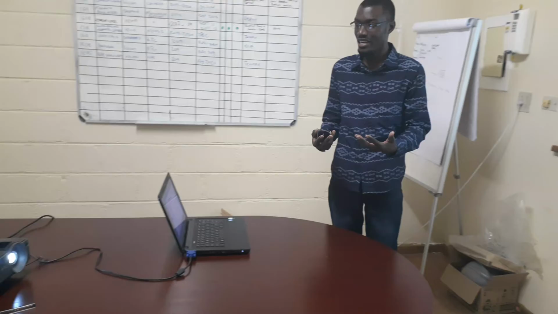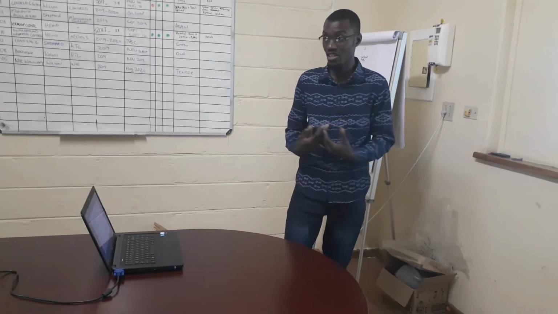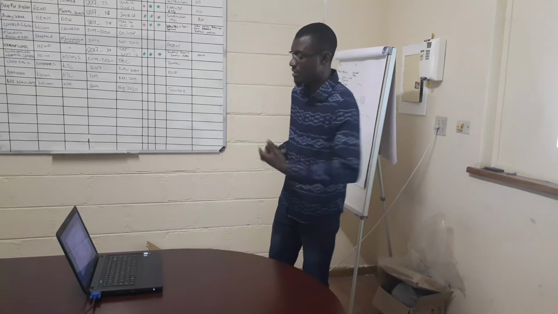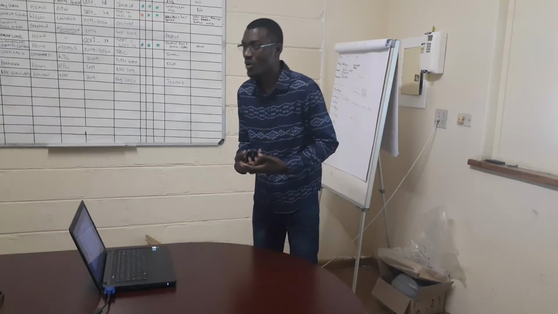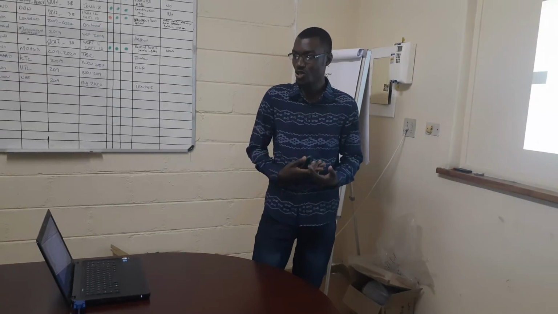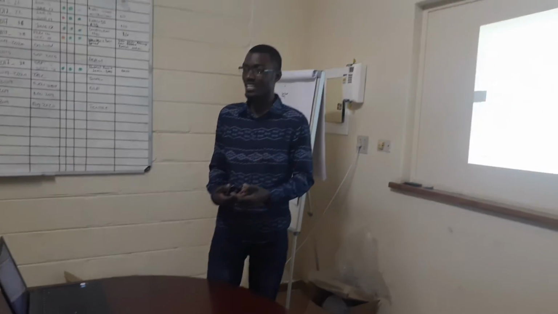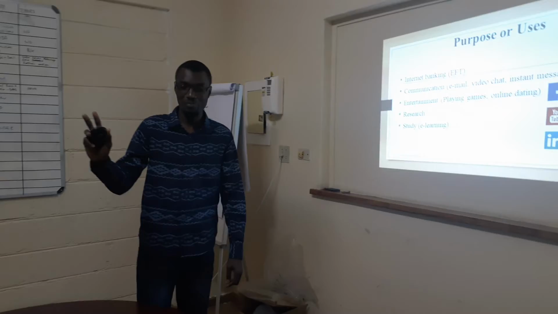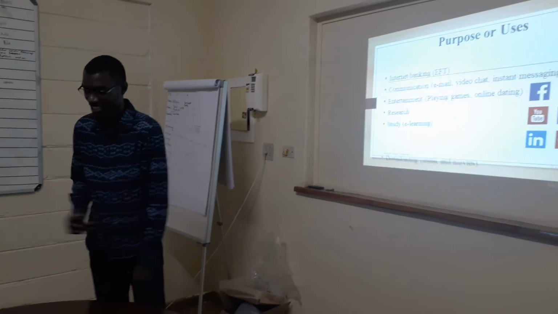Okay? Another way is studying. You can study online. The terminology which is used is e-learning, because in this era of corona, we can no longer be seated in an overcrowded place. So through e-learning, you can study, and it's only made possible by internet.